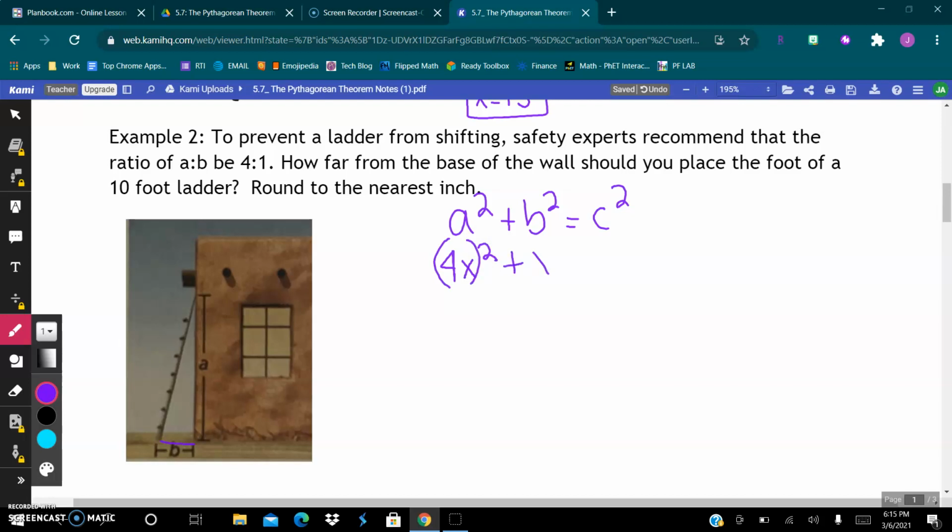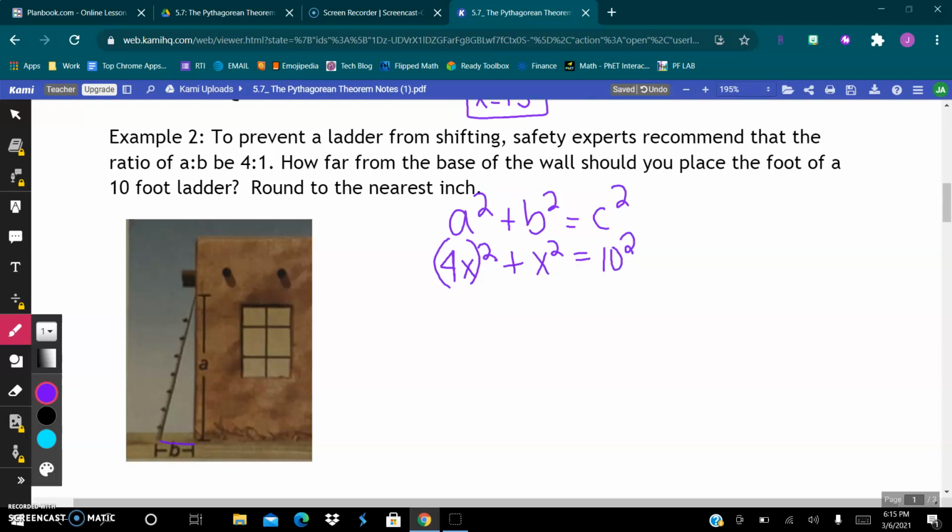And then B would be x squared if we just use the same variable. So A is 4 times the size of B. So that's why we have 4 times x out front for the A value, and then x squared. And they're telling us that the ladder is 10 feet. So this would be 10 squared here.